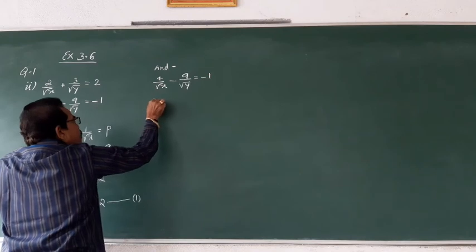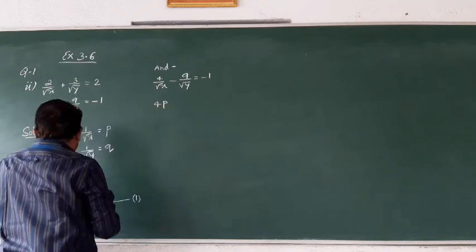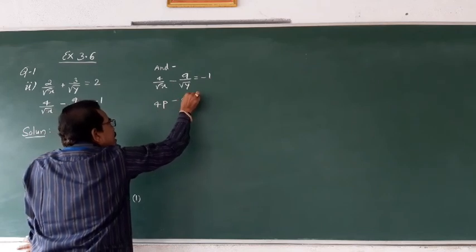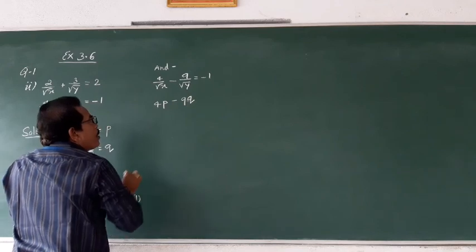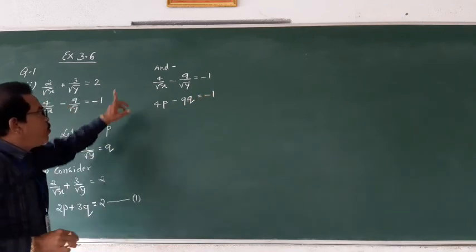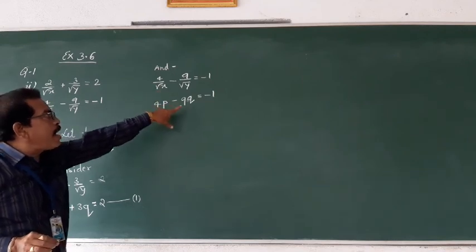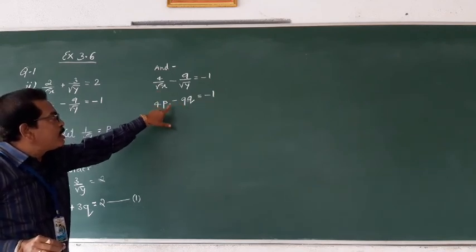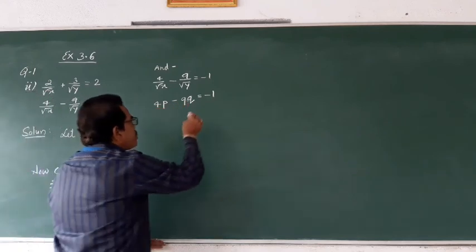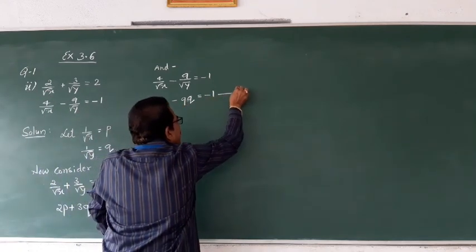This becomes 4p minus 9q equals to minus 1, because 1 by root x equals to p, 1 by root y equals to q. So this one, 4p minus 9q equals to minus 1. Say equation 2.